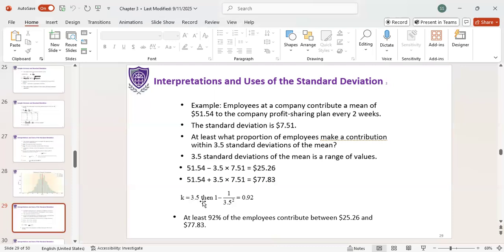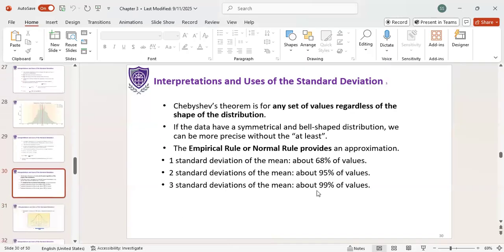So if we put 3.5 in the Chebyshev theorem formula, we will have 92%, meaning at least 92% of the employees in this company will contribute between $25.26 and $77.83, which is within 3.5 standard deviations of the mean.